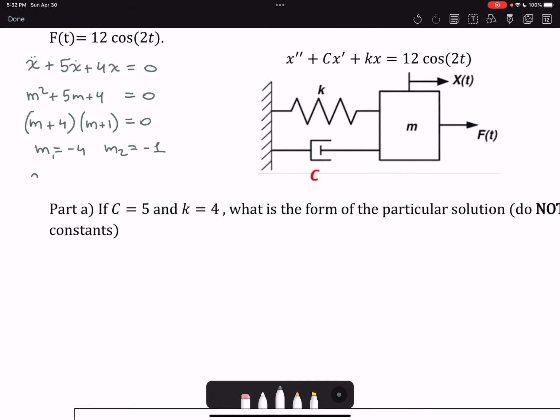So we say that the complementary solution is going to be equal to e to the -4t times c1 plus c2 e to the -t.